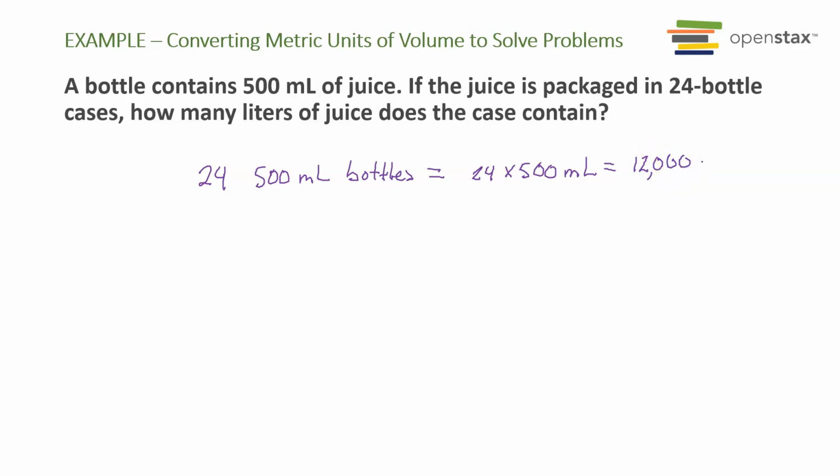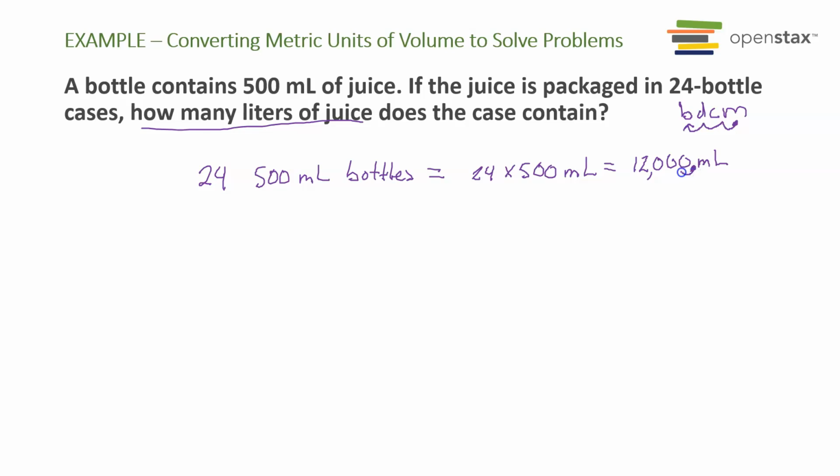So it's going to give us 12,000 milliliters. And we want to know how many liters of juice this has. So we're going from milli to the base unit, through base, deci, centi, milli. That's really just 3 jumps to the left.